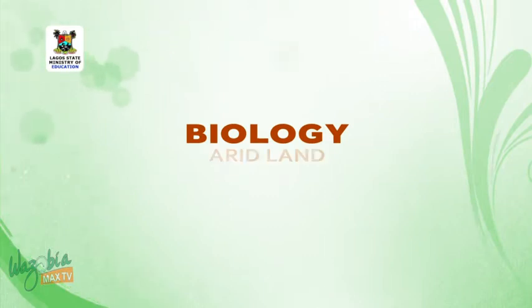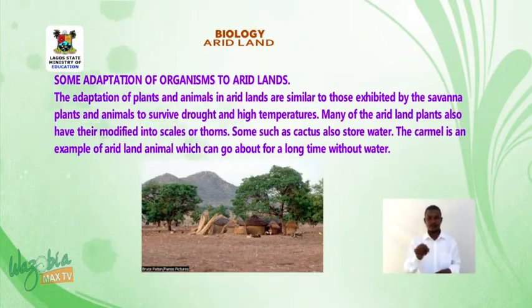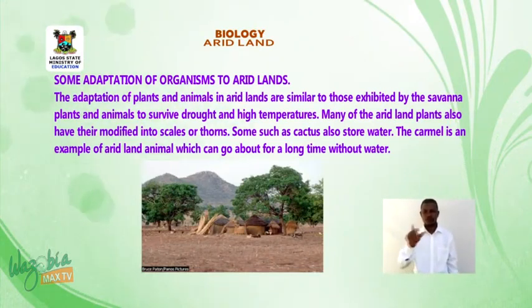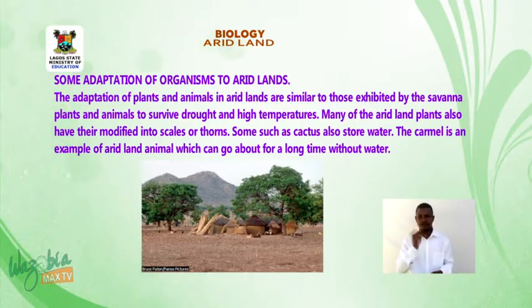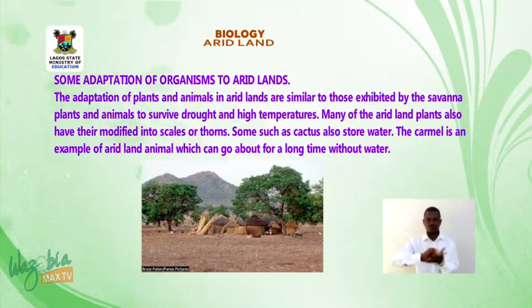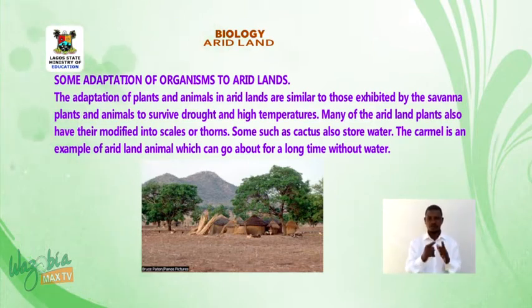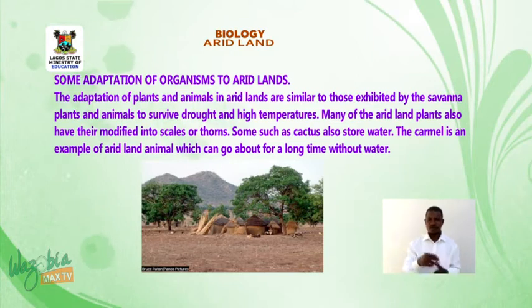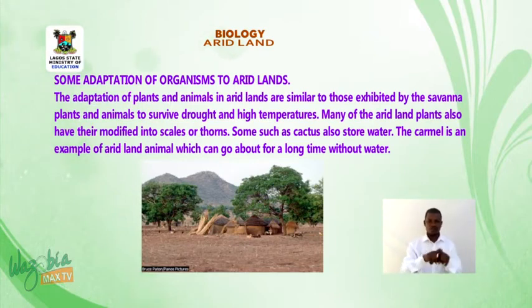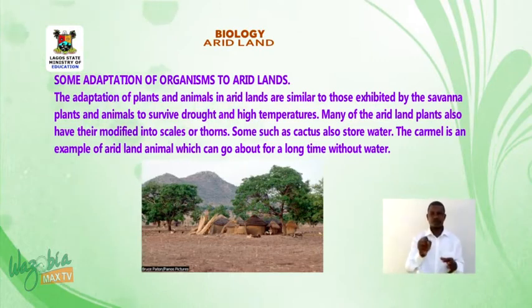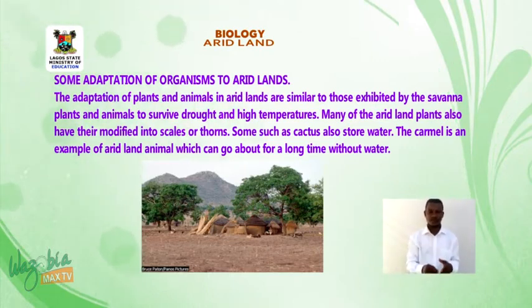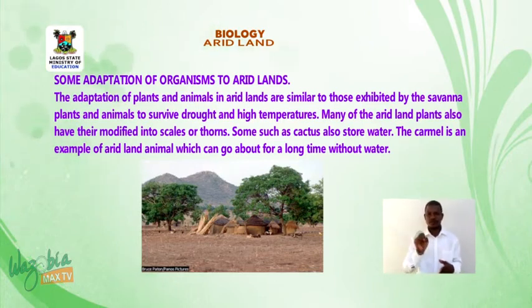Welcome back. Some adaptations of organisms to arid lands. The adaptations of plants and animals in arid lands are similar to those exhibited by the savanna plants and animals to survive drought and high temperatures. Many of the arid land plants also have their leaves modified into scales or spines, and some, such as cactus, also store water.